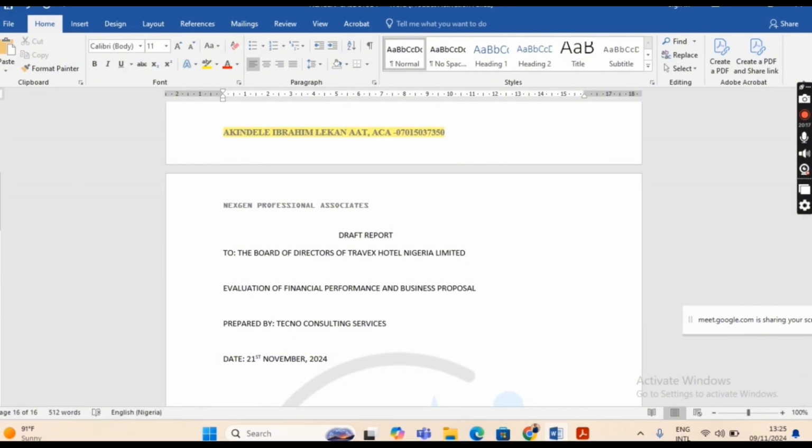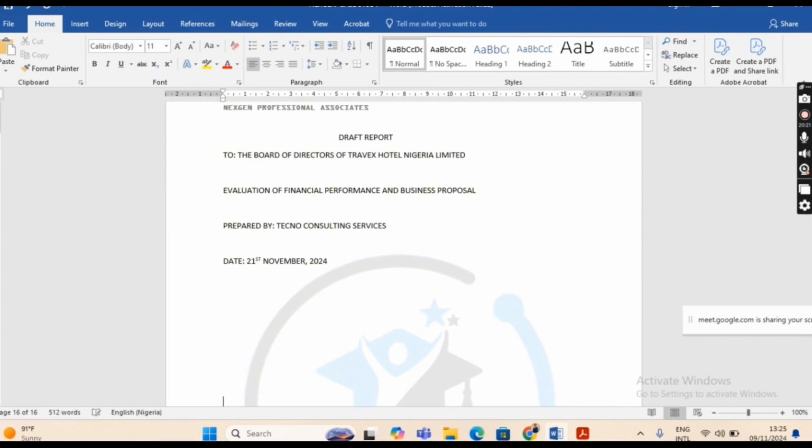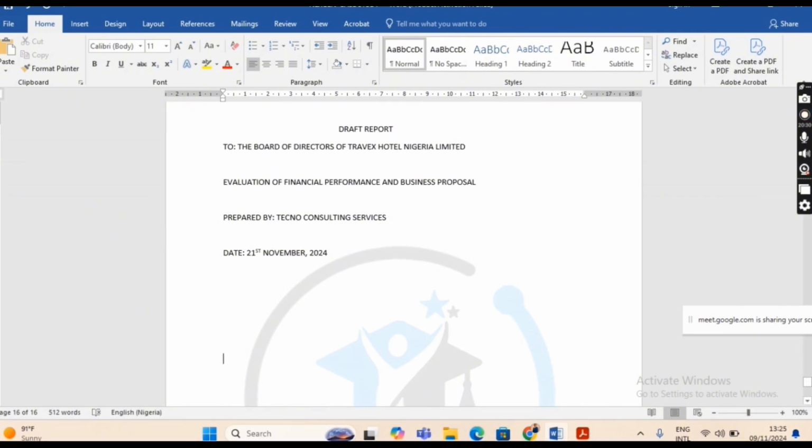Don't write the word disclaimer, but just come down. I know many of us have seen audited financial statements before. Just come down like this, then you write your disclaimer. Since it is an external report, this report is actually going out to your clients. Now, what will be our disclaimer? You have to write something.